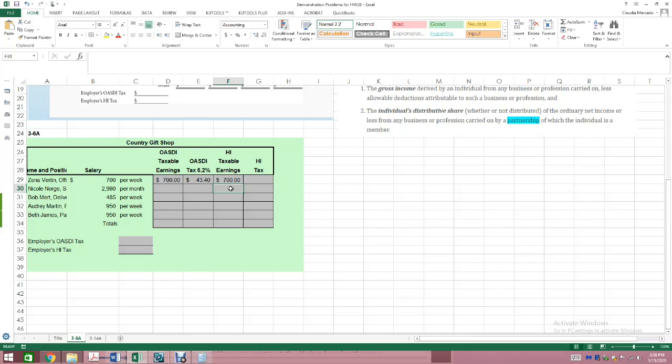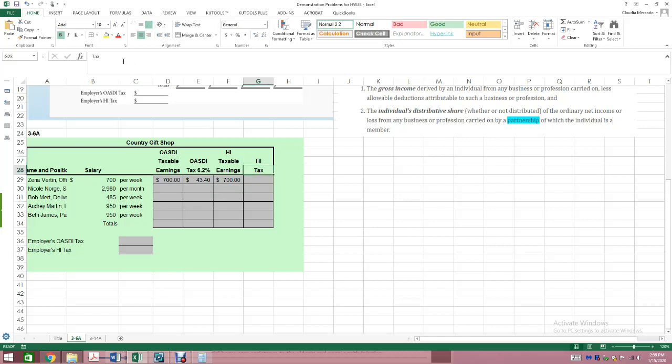So if an employee makes $132,900, they have to pay taxes up to that amount. Any amount above that is not taxable. Now, HI does not have a limit, so everything the employee makes will be taxable for HI purposes.